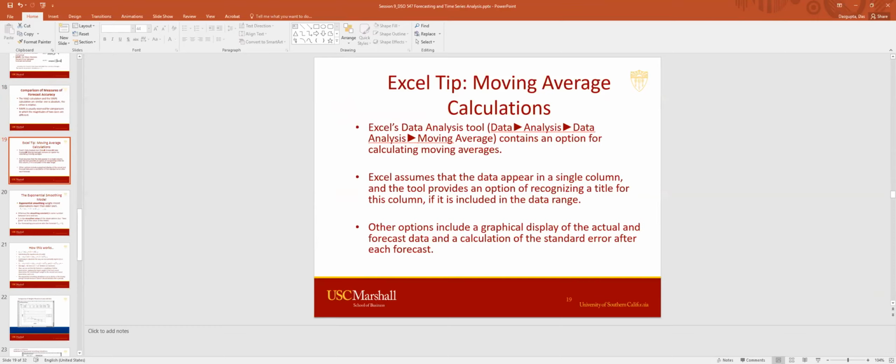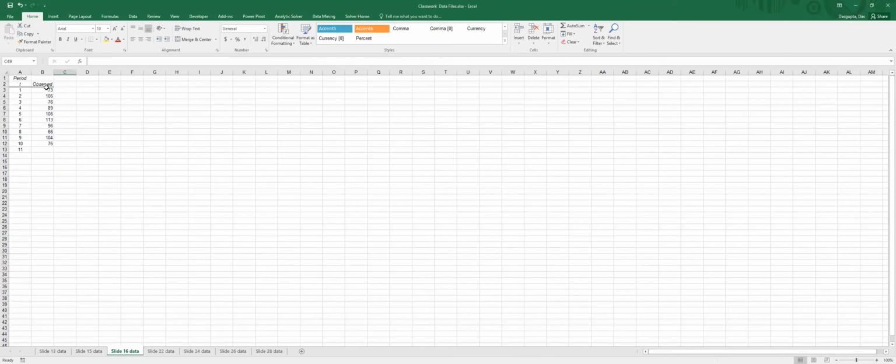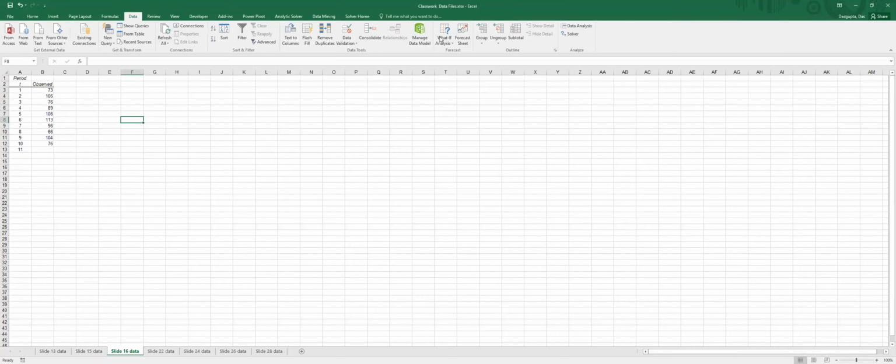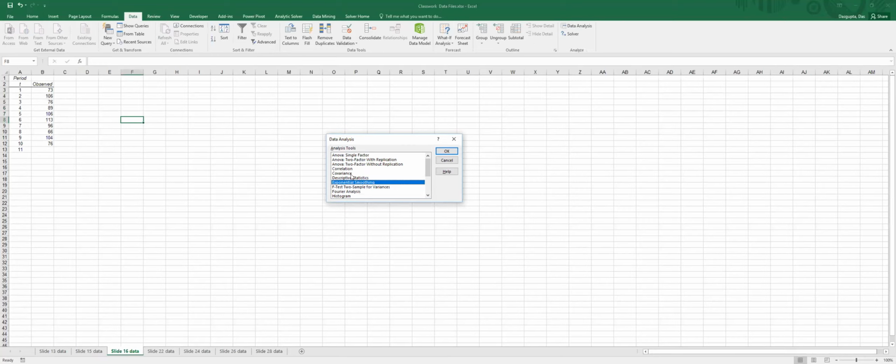So if I go to the Excel spreadsheet, and if you look at these to be the observations that you want to do this for, you could go to data, you could go to data analysis, you could select moving averages.